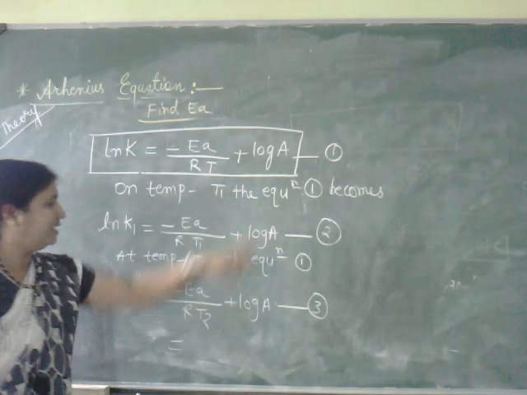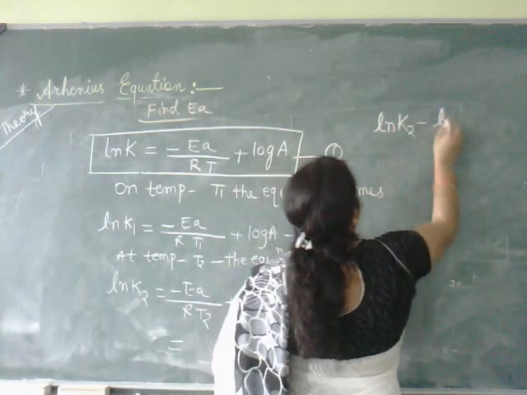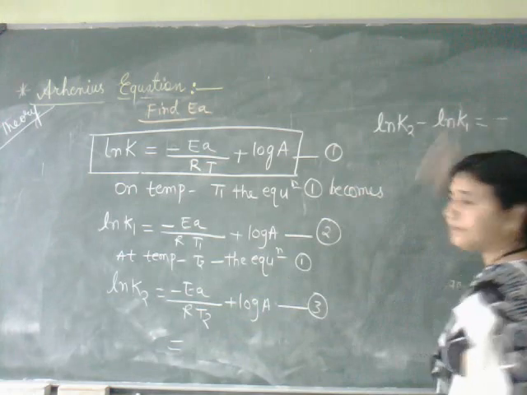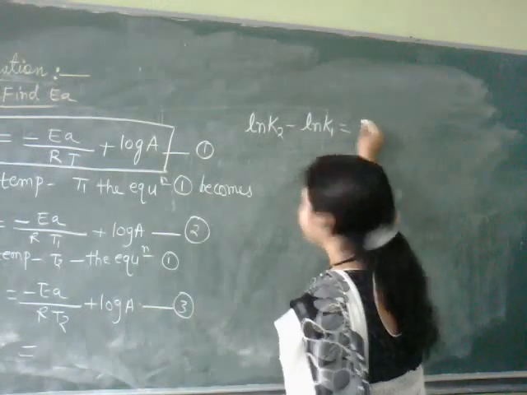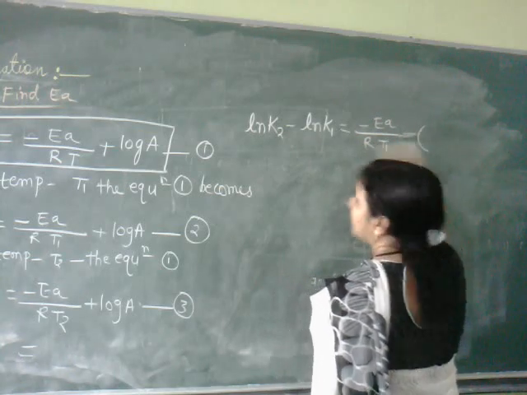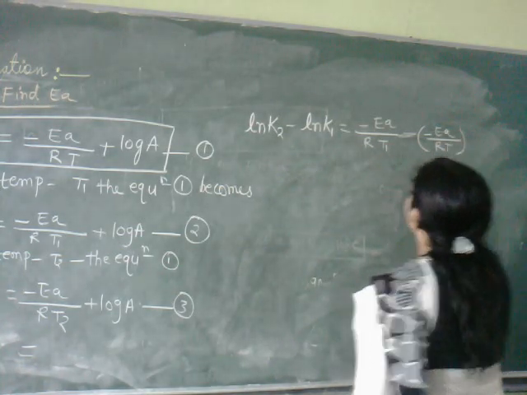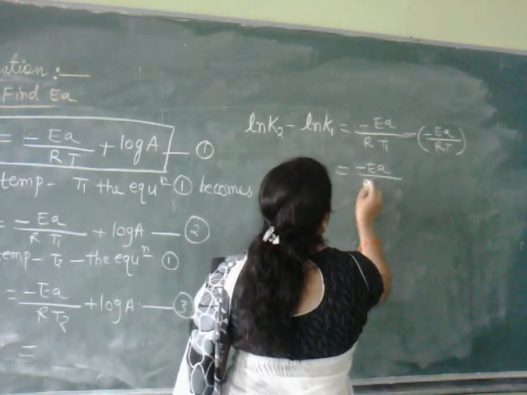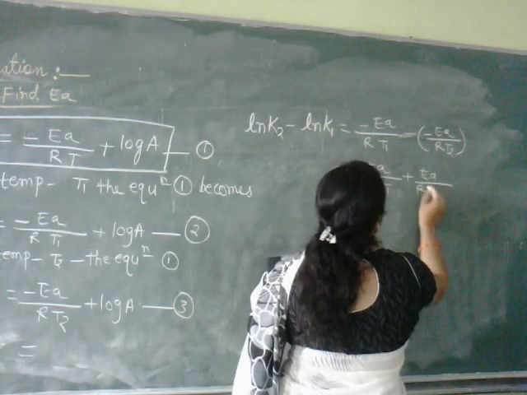This log A will get cancelled, and we will get ln K2 minus ln K1 is equal to minus Ea by RT1, minus, again this is minus, so it becomes minus Ea by RT1 plus Ea by RT2.